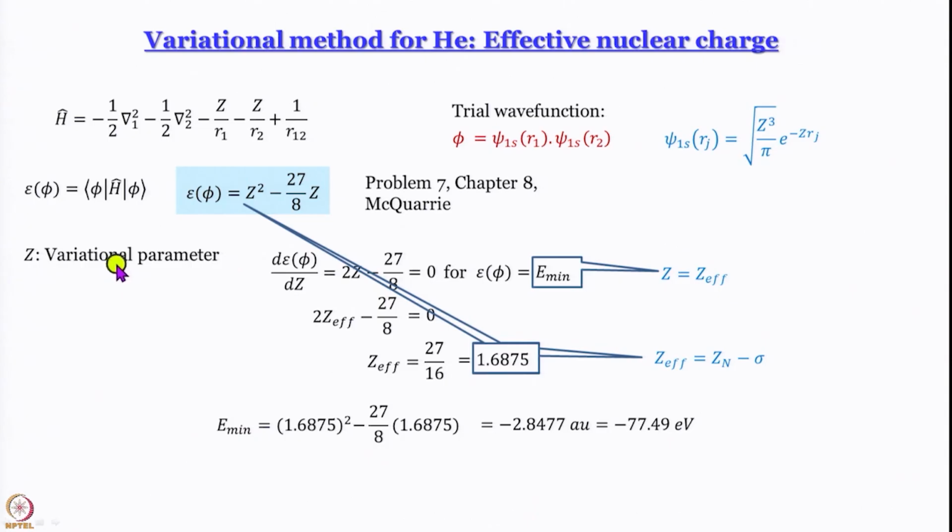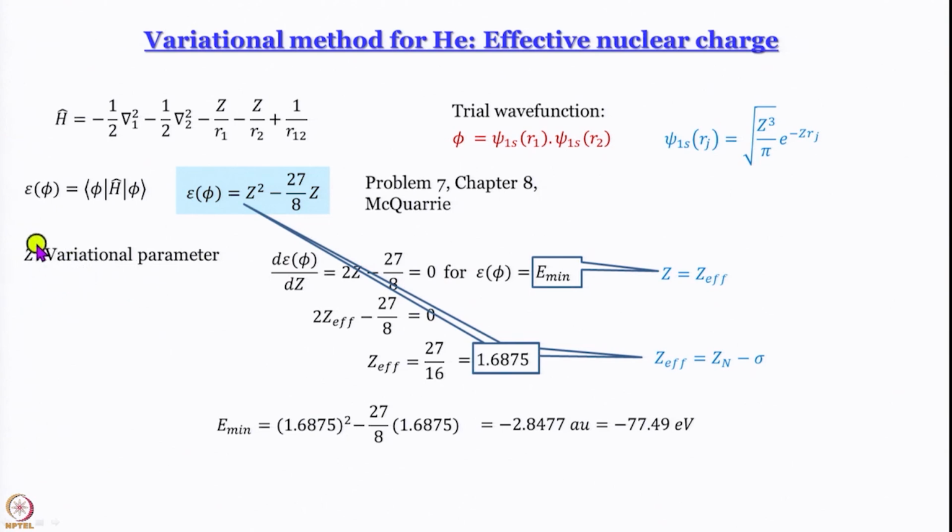One way of doing it is taking z minus sigma, the other way of doing it is by taking a fraction. So, here we are sort of taking it like a fraction, but then of course we can subtract it from the original atomic number and get the effective atomic number, get the shielding constant rather. So, this is a variational parameter.